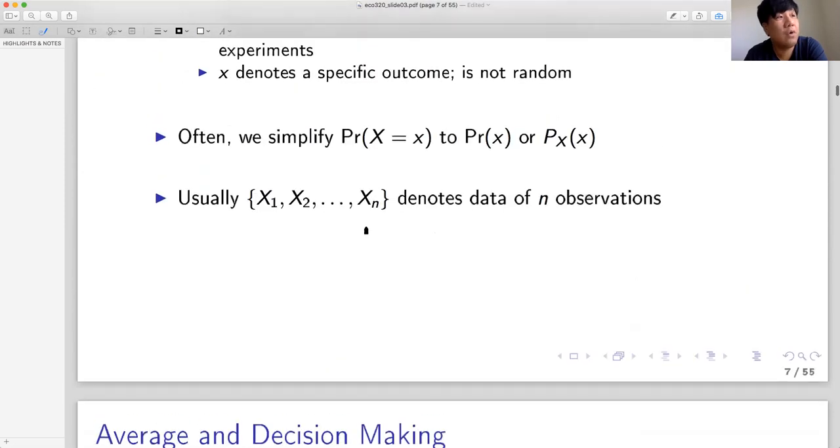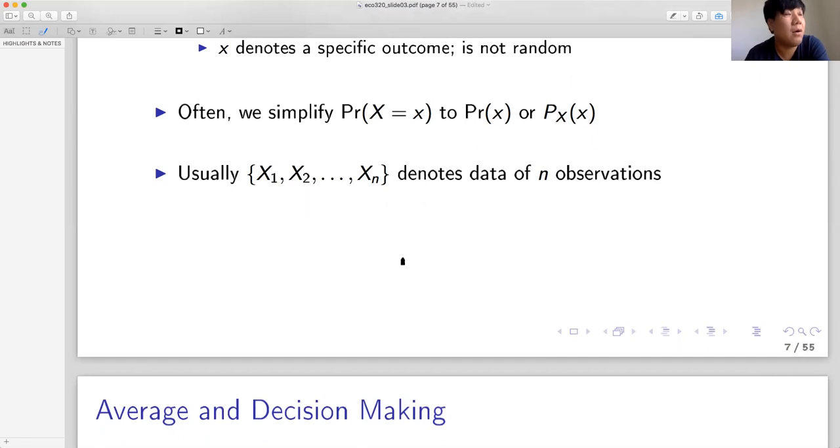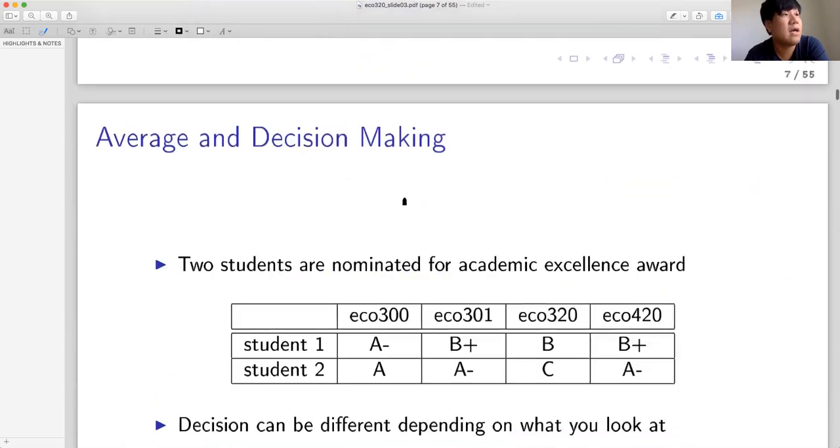For example, if you are rolling a dice n times, then you just write down the outcome of that. For example, you are rolling 100 times. X1 might be 1, X2 might be 5, X3 might be 3, and etc. So those are the first outcome you are seeing, second outcome, etc. So those are types of variable.